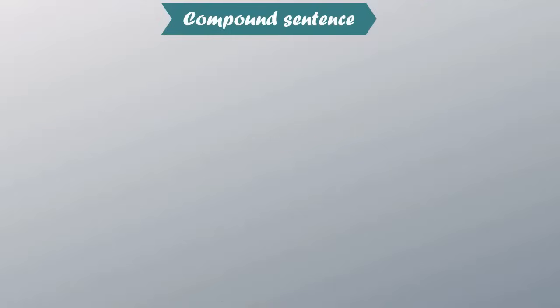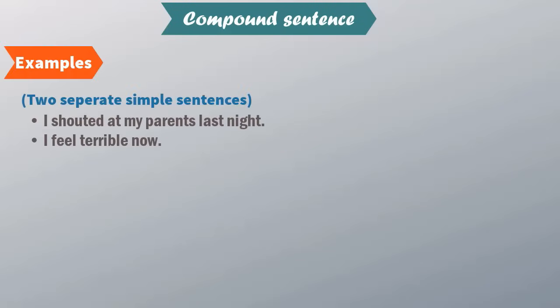Okay, let me show you some examples of compound sentences now. Look at these two examples, guys. These are two simple sentences. I shouted at my parents last night. I feel terrible now. These two are independent clauses, complete sentences. Now we're going to add them together since there is a relation, right? We are going to use a coordinating conjunction and bring these two independent clauses together.